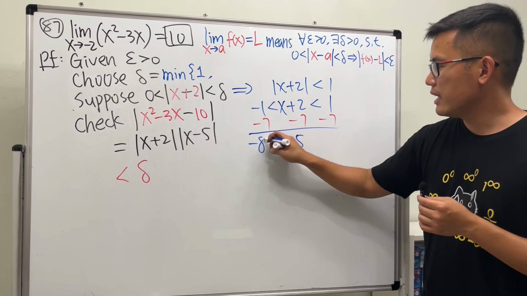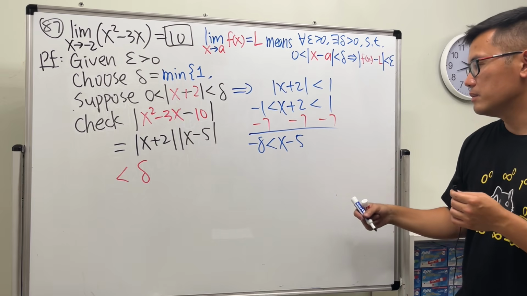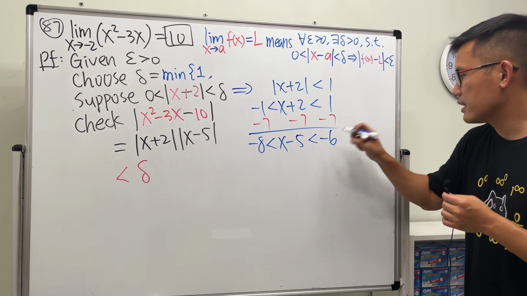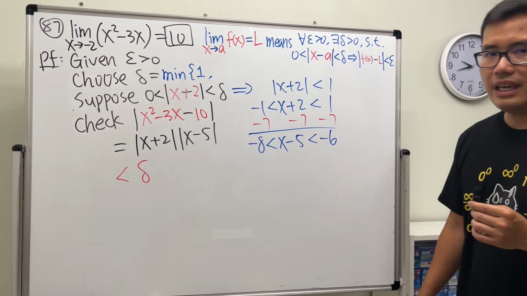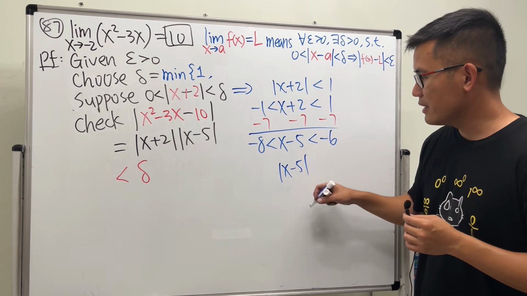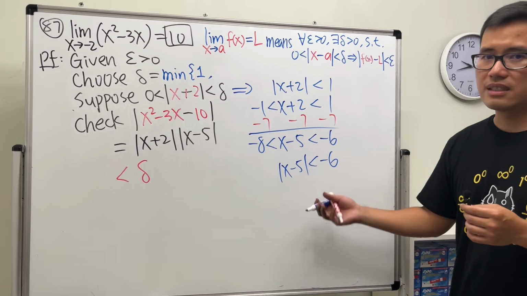This right here is -8, and then I'm just subtracting so the inequalities maintain the same, and then less than 1 minus 7 is -6. Hey, this is crazy because if we have the absolute value of x minus 5, this is negative. I cannot say this is less than -6. That doesn't make sense.